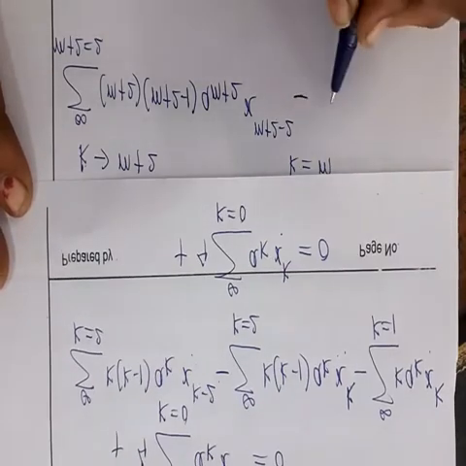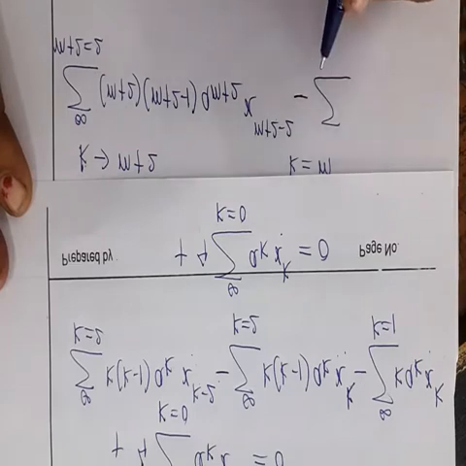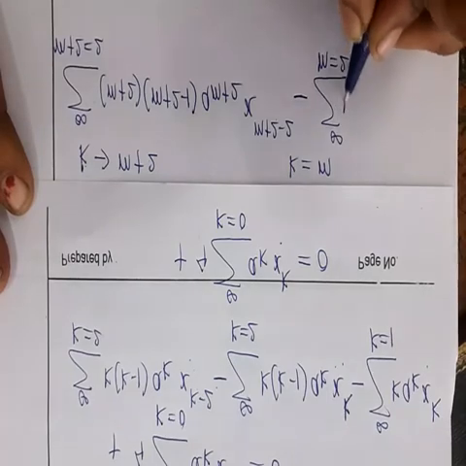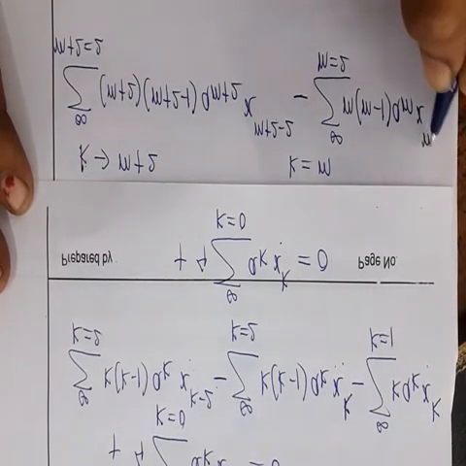Minus summation, and in the next term we put k is equal to m. So m is equal to 2 to infinity m multiplied by m minus 1 am x to the power m.